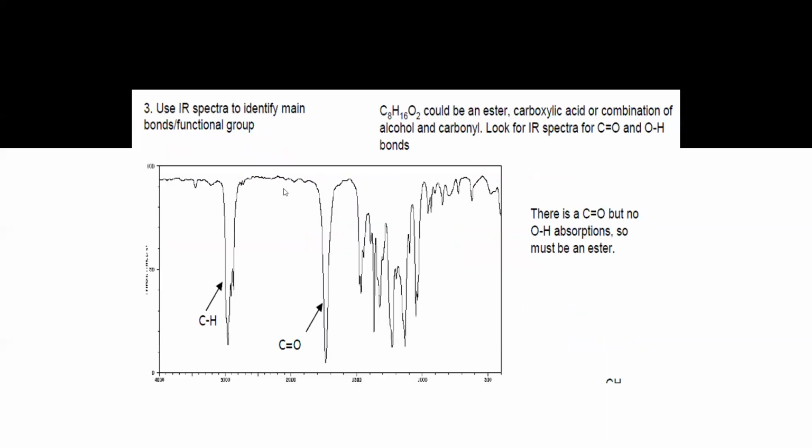Then after molecular formula, we can carry out infrared spectroscopy and identify the type of the bonds which are present. So we are getting a peak. So this peak is suggesting C-H is there, and this is C double bonded with O. So it could be, because it is C8, H16 and O2, an ester, a carboxylic acid, or a combination of alcohol and carbonyl.